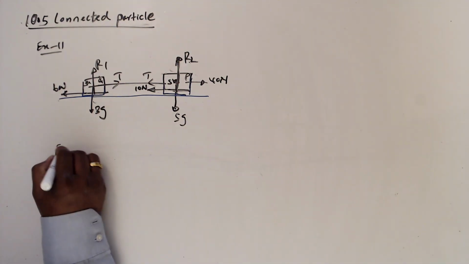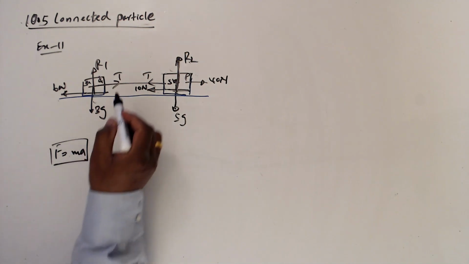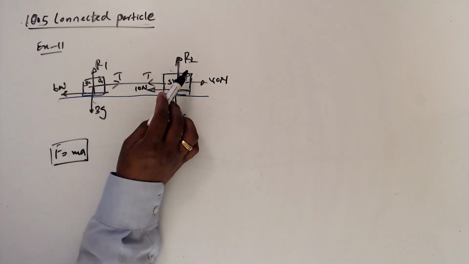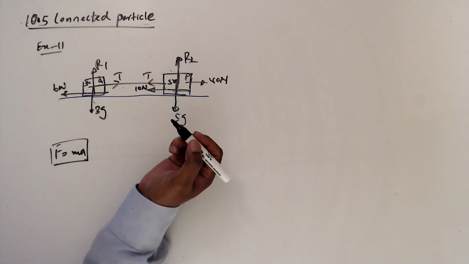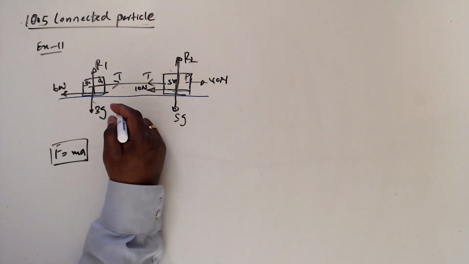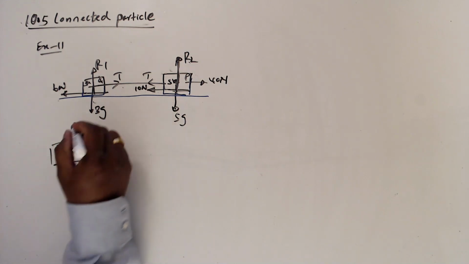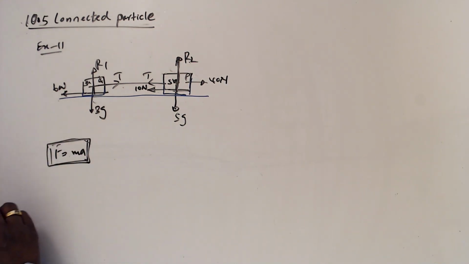Now we are going to work with the F equals ma equation. When you look at this system, you can see that R1, R2 and T are the unknowns, so we need to find R1 and R2. We have three ways to apply F equals ma to this system.